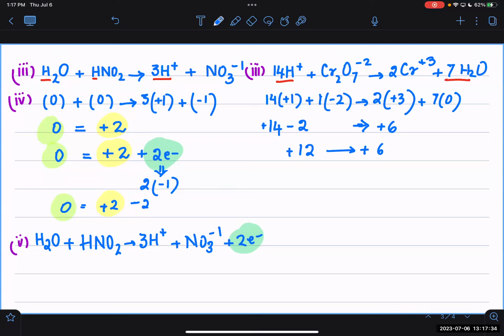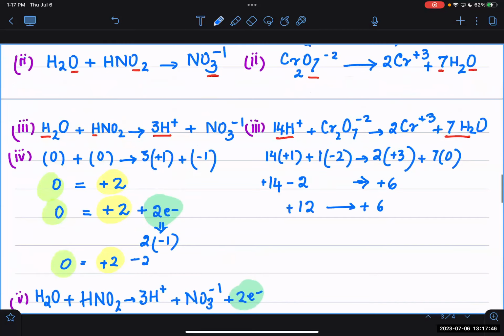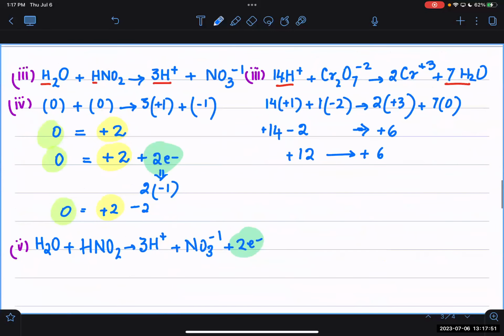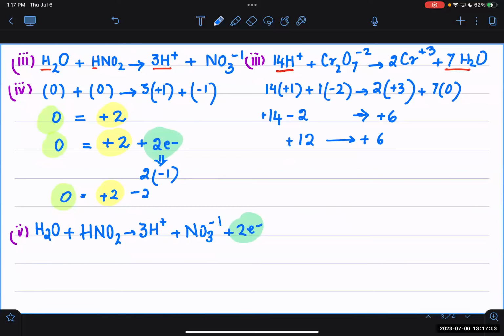What can be done? How can you make it 6 on the other side? So you have to look at the lowest side. Remember reduction. You're going to add it. This is a reduction cell. In the reduction cell, the electrons are added on the left-hand side. So how many electrons can we add on the left-hand side so that they balance out and become positive 6? 6 electrons.